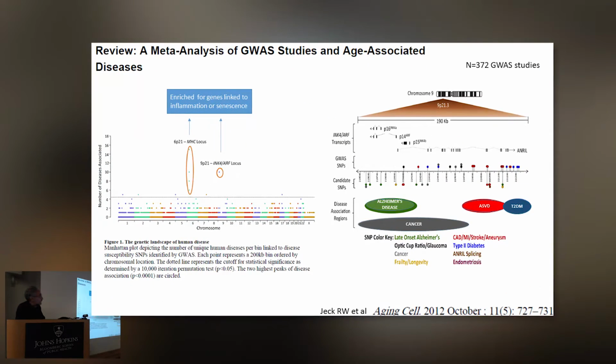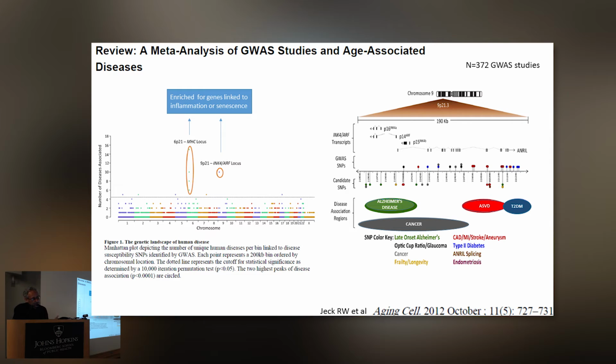Now, interestingly, because there are so many GWAS studies done, you can also do what is called a meta-analysis. That is further analyzing all the GWAS studies that have been done, where an association has been made between polymorphisms and age-associated diseases. These are diseases that increase in frequency as we get older, such as cardiovascular disease, cancer, and dementia, let's say.